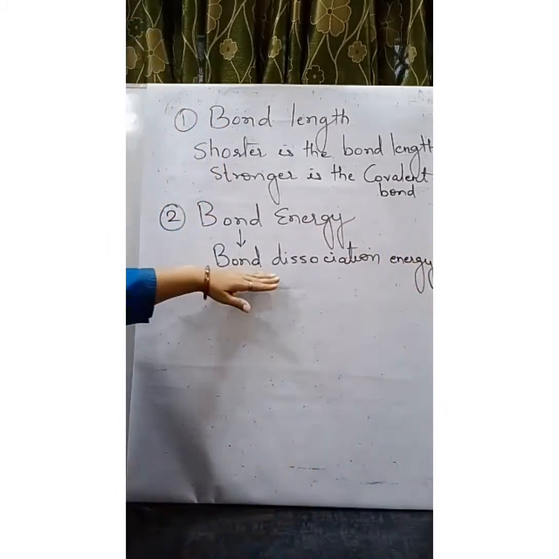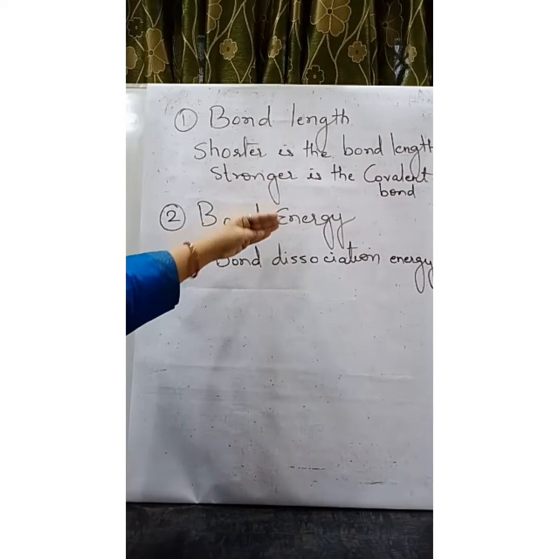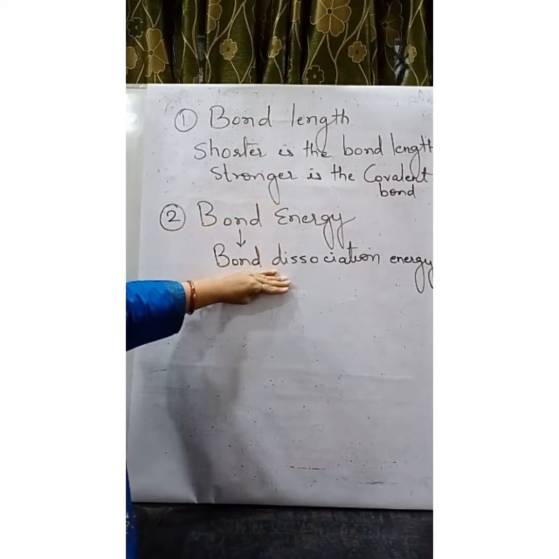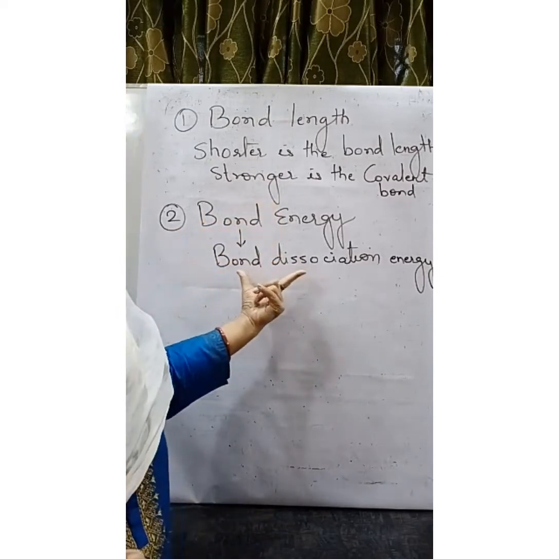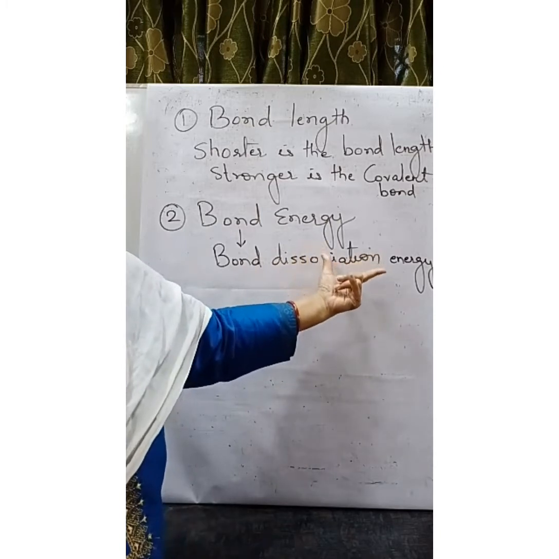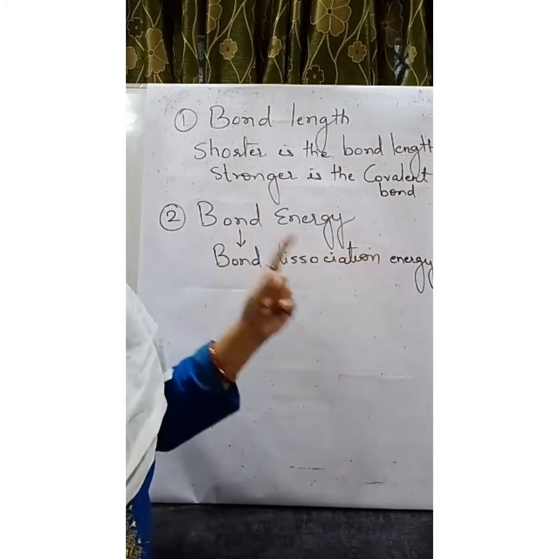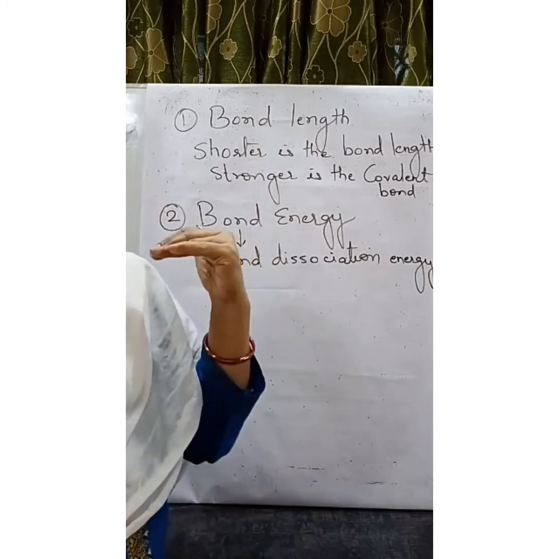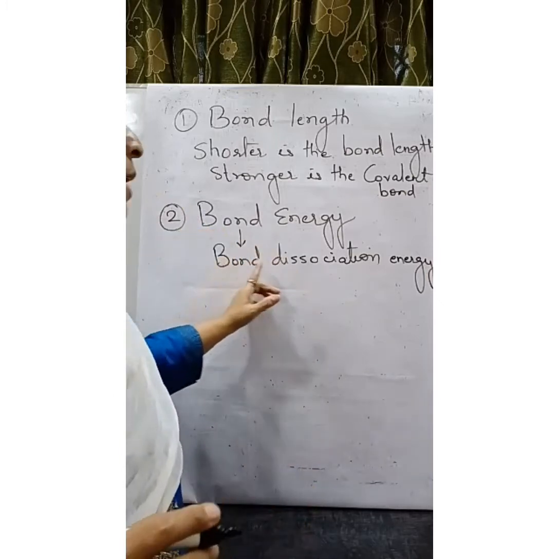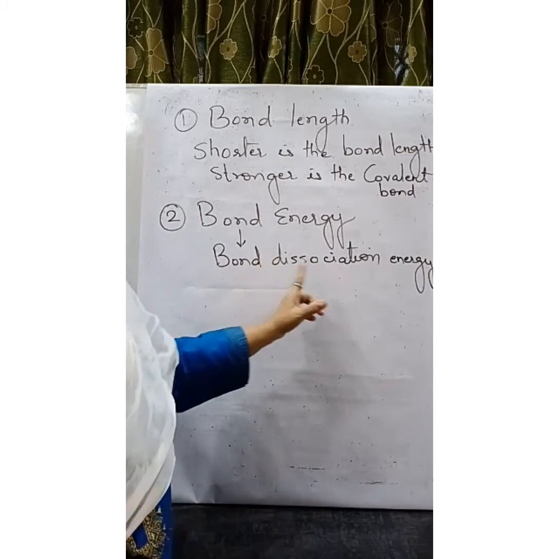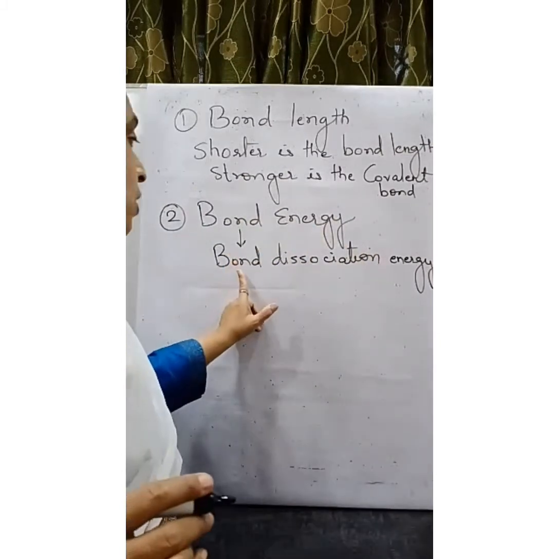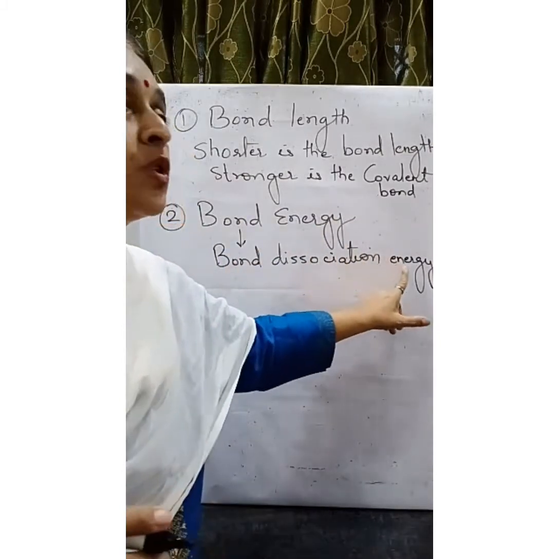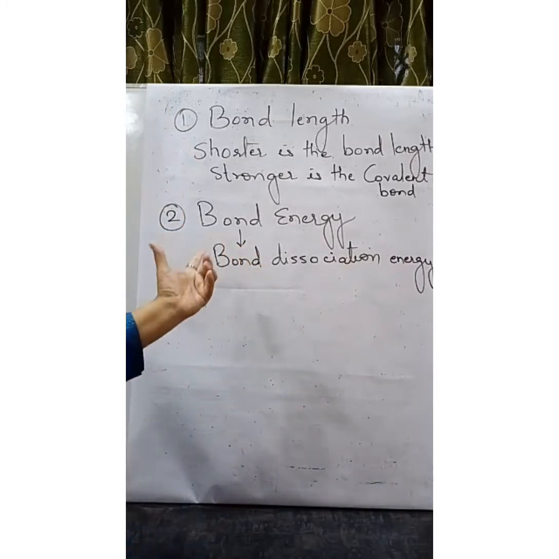Now let us find out the difference between bond energy and bond dissociation energy. This word bond dissociation energy refers to breaking of a particular bond. When we are talking about a particular bond, the amount of energy required to break that particular bond is called as bond dissociation energy.